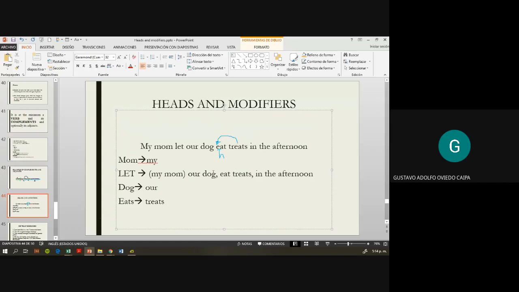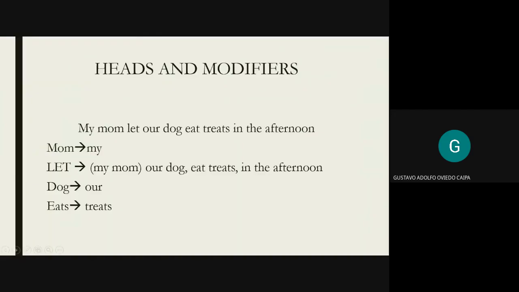They eat treats. More for the moment. All right. What else? We can move on to treats. We can move on to in. In is another head. What are the words that are given information about in?